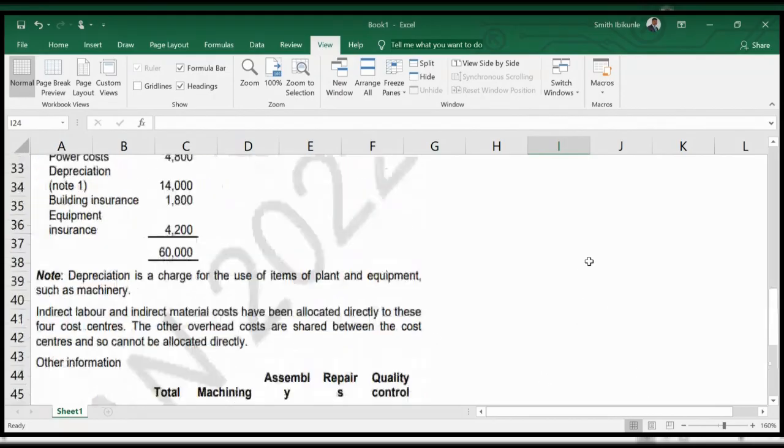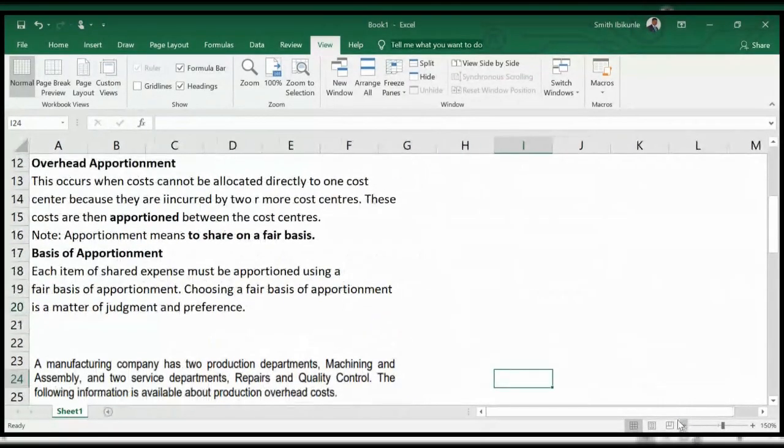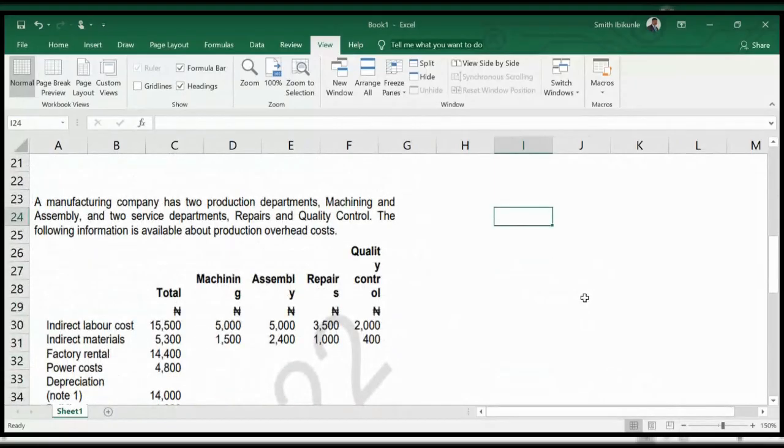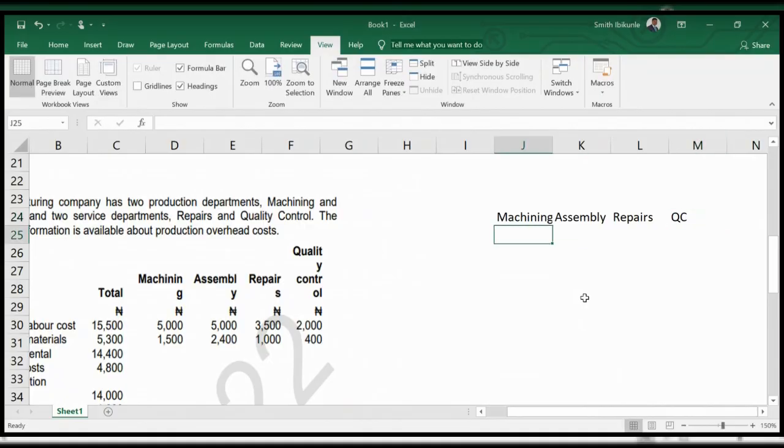Can we attempt? So we have four cost centers. Let me zoom out a little. The cost centers are machining, assembly, repairs, and quality control.